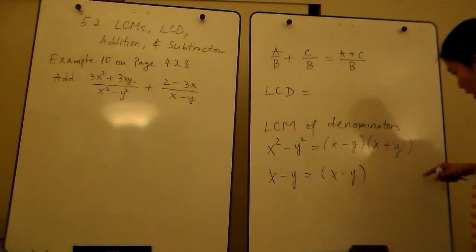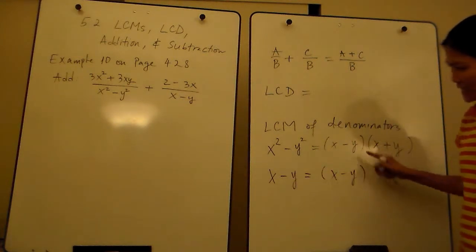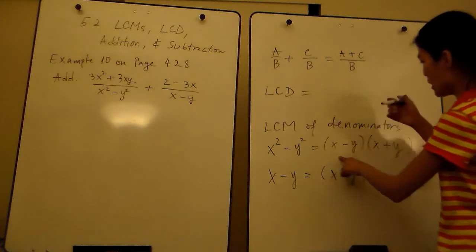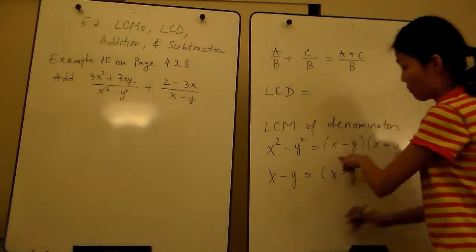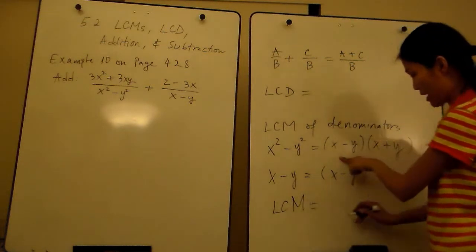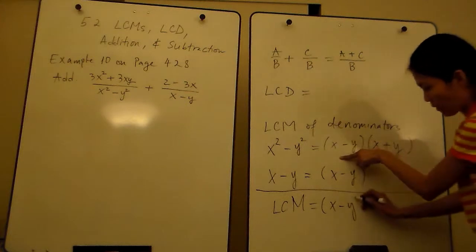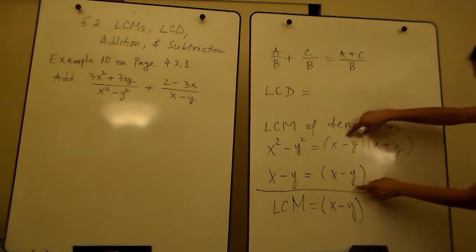Let's check. X minus y also happens in the second denominator. So you know the LCM would have this x minus y.